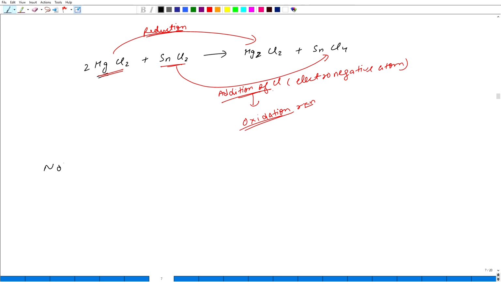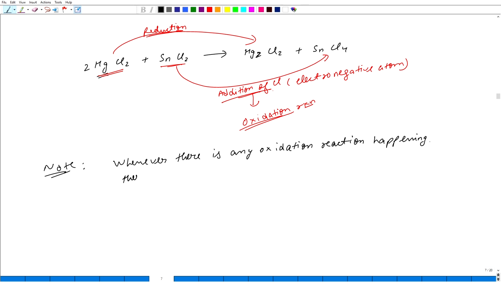You must note this thing, whenever there is any oxidation reaction happening, there must be a counter reduction reaction to it. Or vice versa.